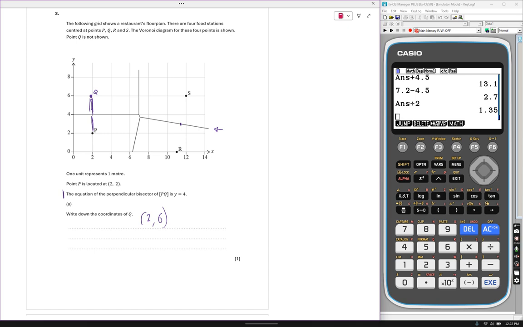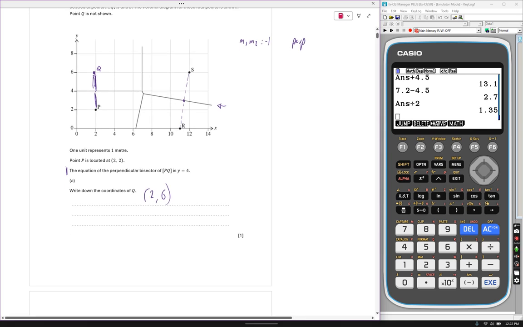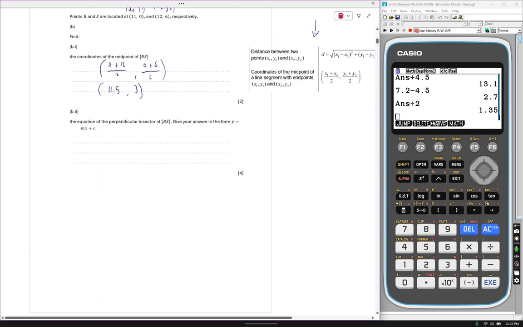If I can work out the gradient between S and R, then I can use the fact that m1 times m2 is -1. This is for perpendicular lines, and I can figure out the gradient of the bisector. Then I can sub in my midpoint, which I just found, and work out the c value of the bisector. So that is, in theory, what we are going to do.